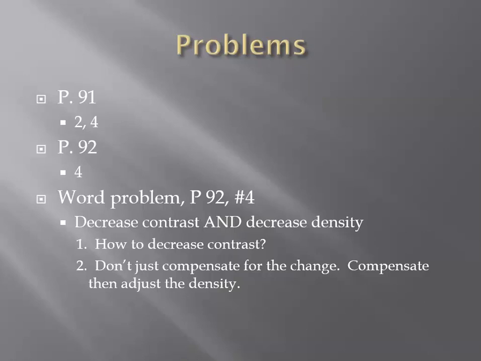So our original mAs was 400 times 0.07, and that gave us 28 mAs. If we divide that in half, then that will give us 14 mAs. But it's also asking us for a decrease in density. It's non-specific. Generally, whenever it's non-specific like that, in a word problem, what they're looking for is half.